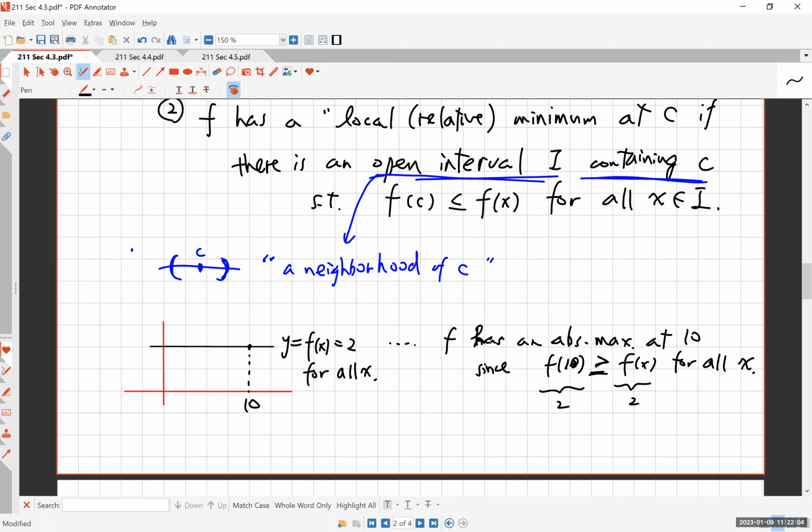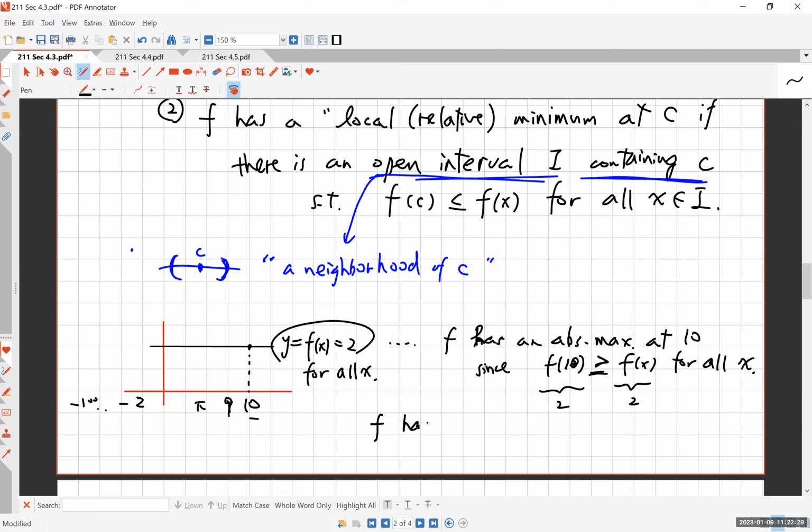And again, I hate to say this, but you could say this constant function f has an absolute maximum at 10 and 9 and pi and -2 and -100. In fact, f has an absolute maximum at every single point. That's sort of inconvenient, huh? Maybe you wouldn't like to hear that. But mathematically speaking, this would be a correct statement.